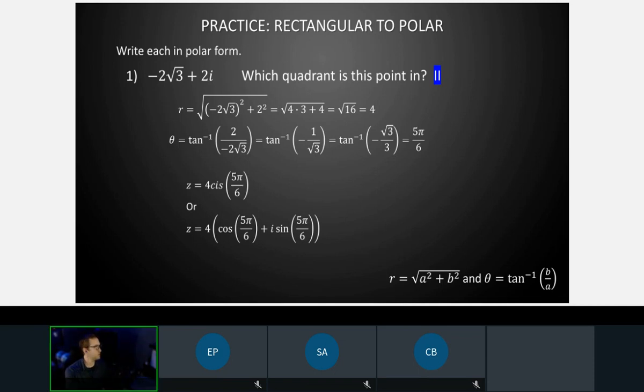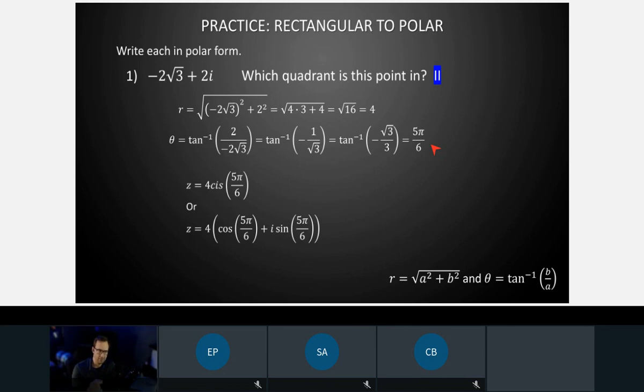With these, whatever angle you get, if you're in the wrong quadrant, like if you're supposed to be in quadrant 2 and you end up in quadrant 4, you should be in the diagonal of where you're supposed to be. Whenever you're in the diagonal of the wrong place, all you do is either add or subtract pi.